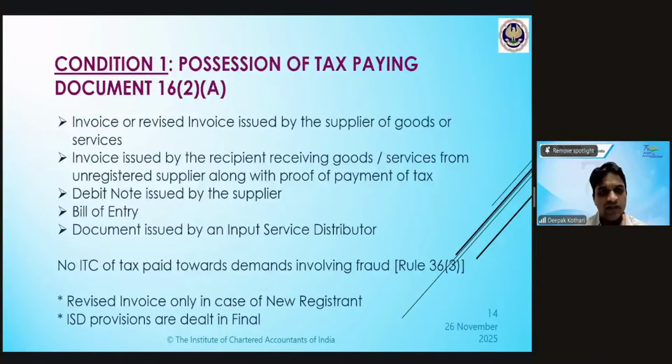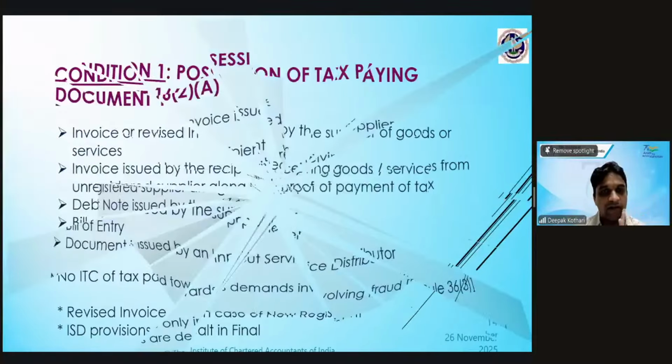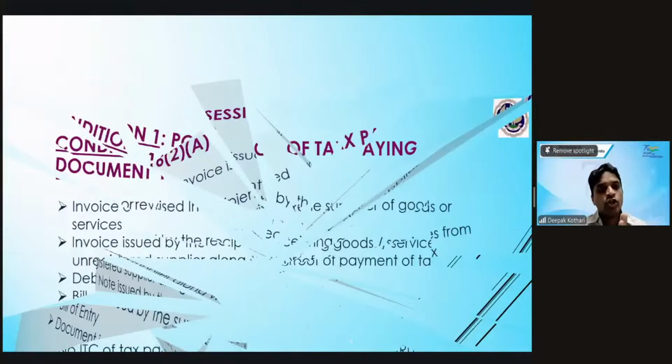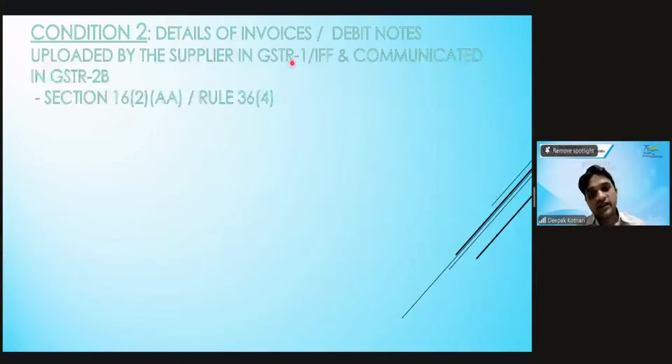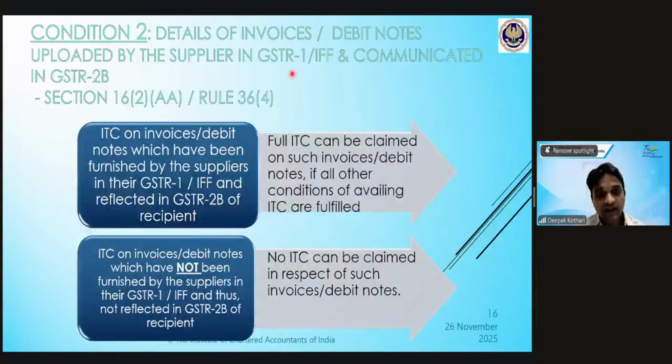Yeah, this we know, the possession of the tax paying documents. Details of the invoice are uploaded by the supplier in his GSTR1 and communicated. So that is how I'm saying that IFF is equivalent to GSTR1. A normal monthly taxpayer will file his GSTR1 and the quarterly taxpayer can file the IFF.